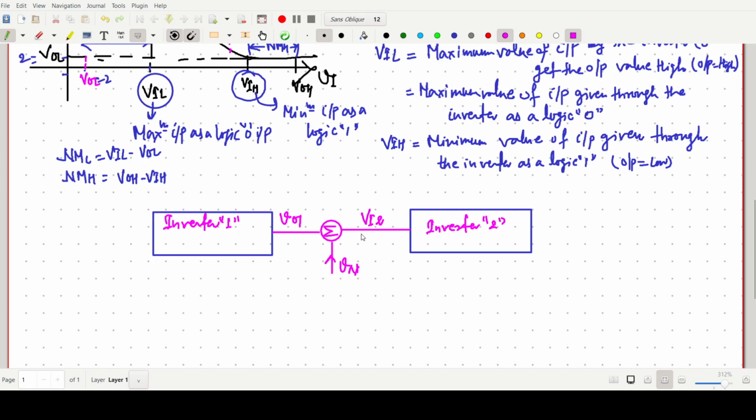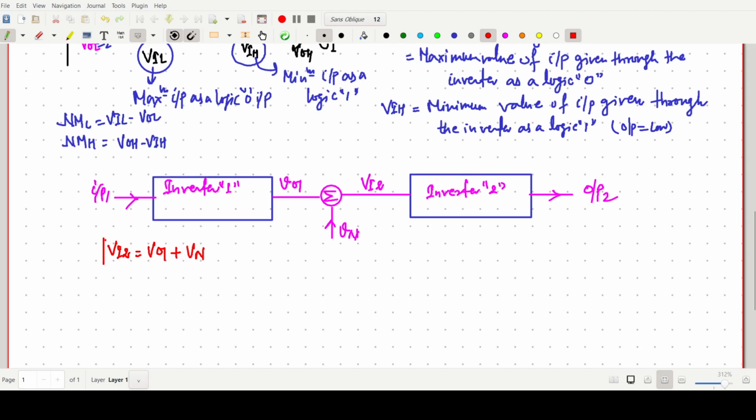We are giving some input, input 1, and output 2, but our main focus is in the middle. The input value Vi2 to inverter 2 will be VO1 plus Vn. This is the input for the second inverter.